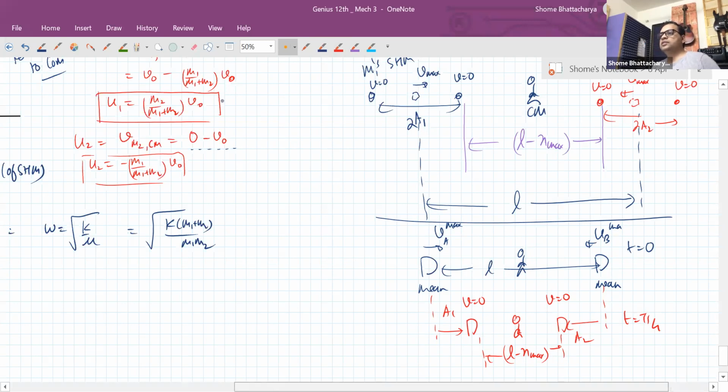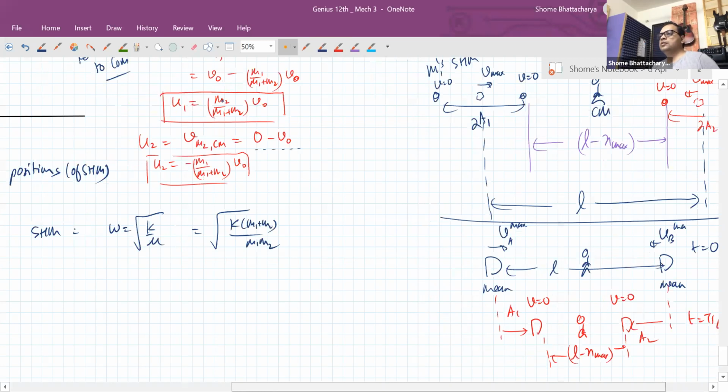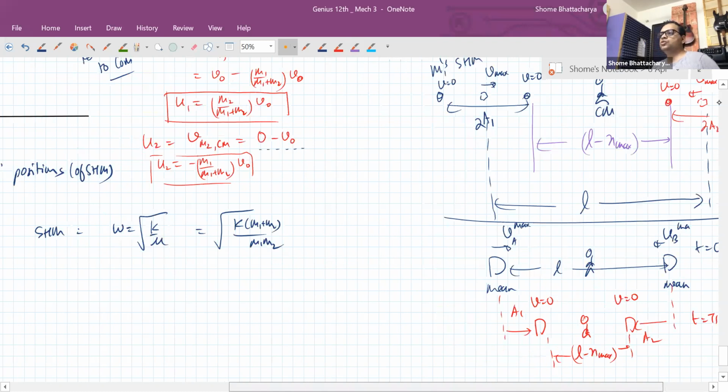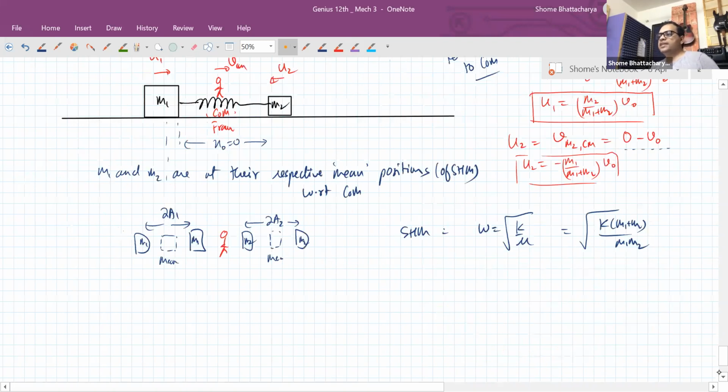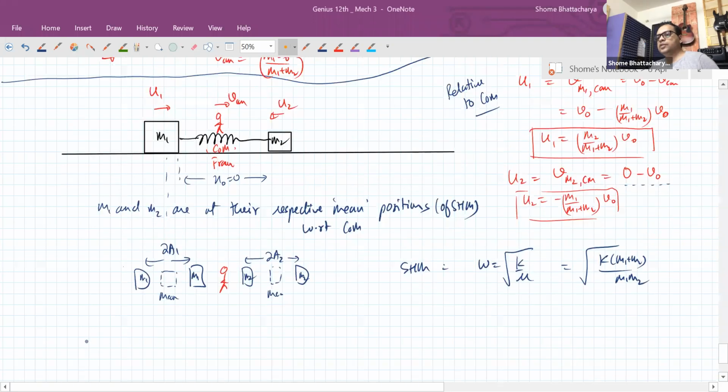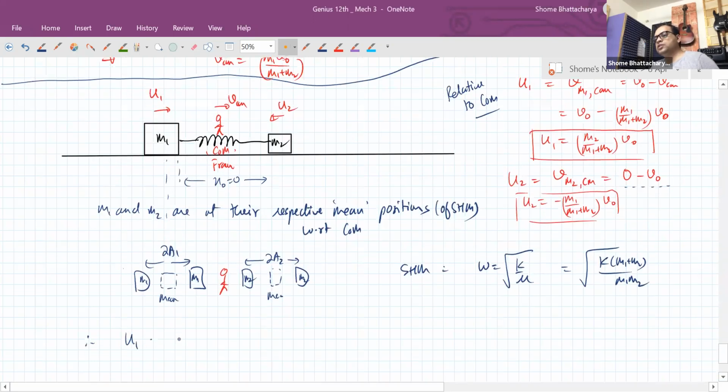So now we have to just use this fact that this u1 that we've got now is the maximum speed of M1's SHM. So therefore u1 that we have got, which was m2 upon m1 plus m2 v naught, is A1 omega of M1's SHM.